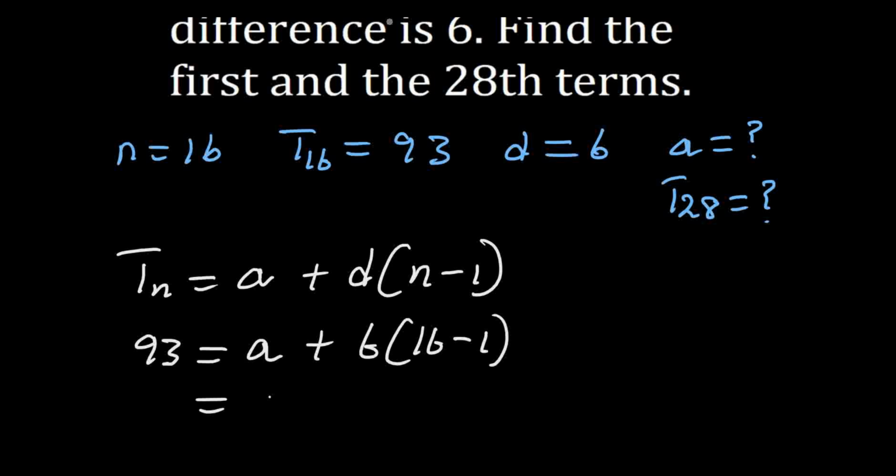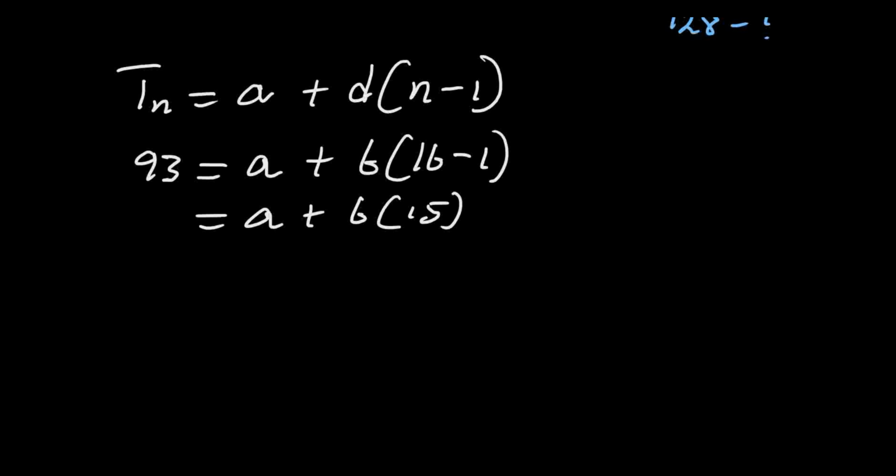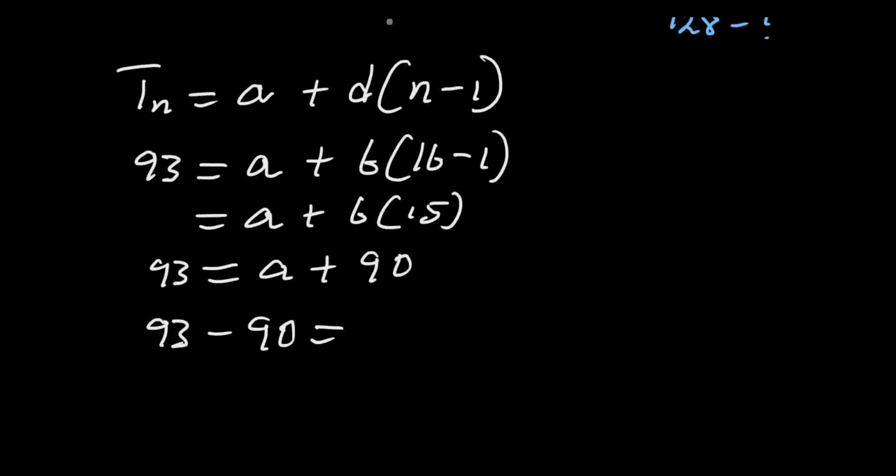So A plus 6 times 15, and this will be equal to A plus 90. So at this point, we can simply subtract 90 from both sides. So 93 minus 90 is equal to A. So 93 minus 90 is 3. Therefore, the first term is equal to 3.